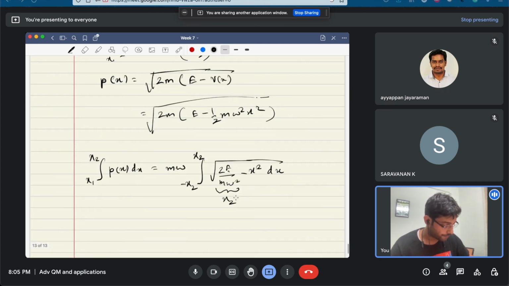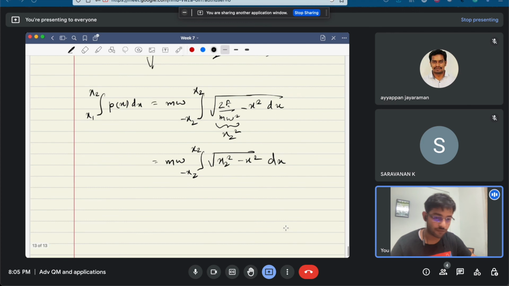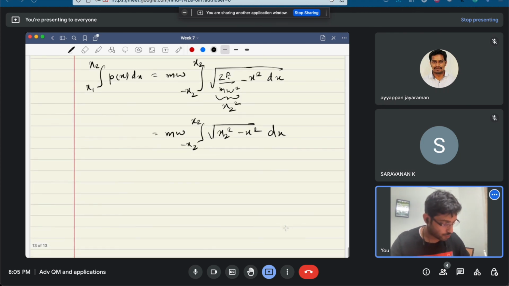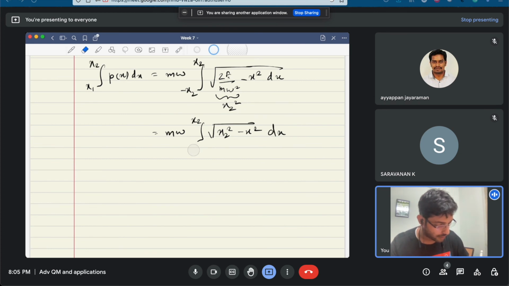So you get x2 square minus x square, and this is essentially an even function, because for minus x as well as for plus x it will be the same, so you can make it from 0 to x2 with the factor 2 on the outside. Okay, and the integration of this you can find on the internet as well, so I'll just write it down directly.